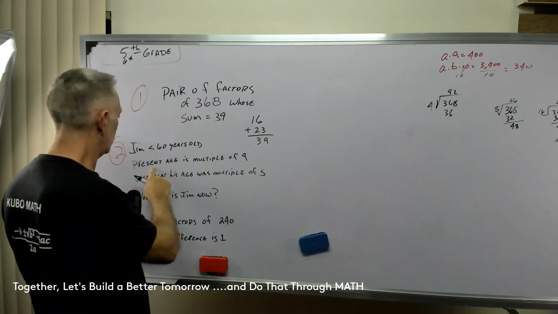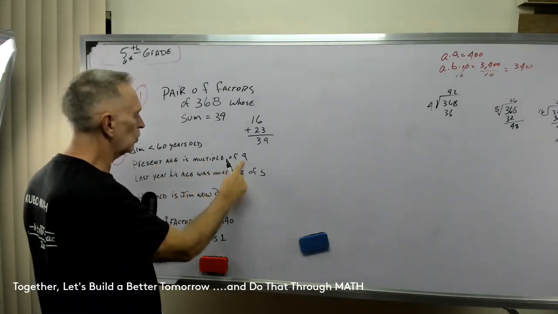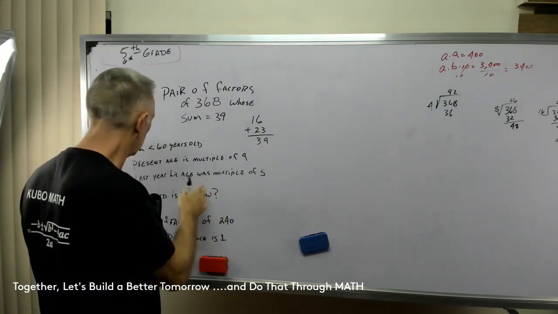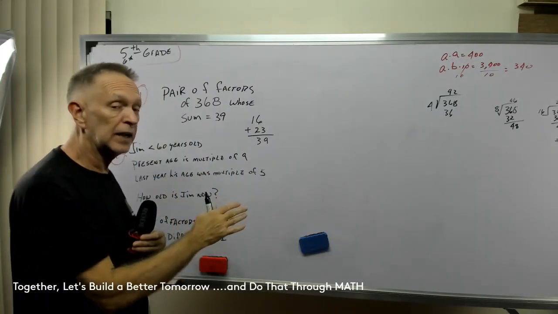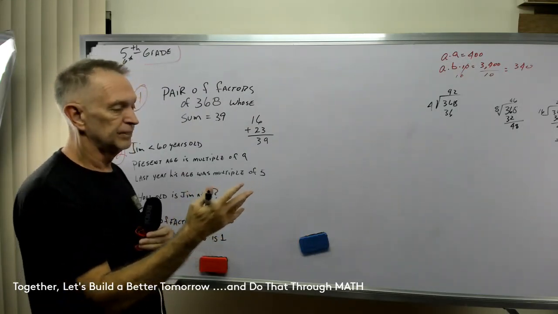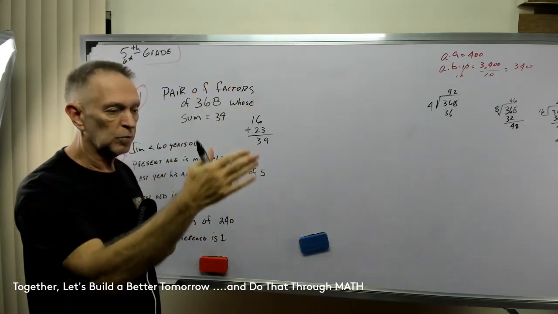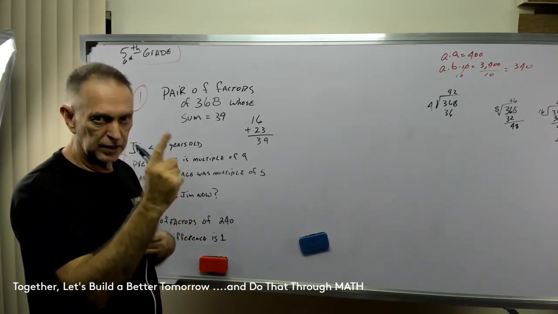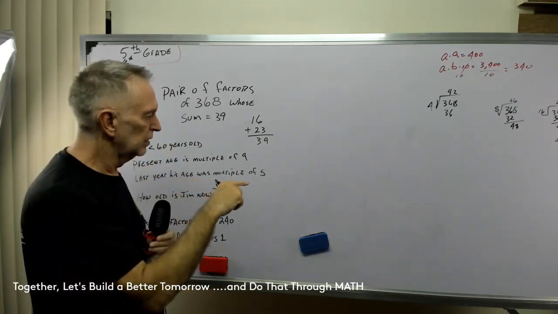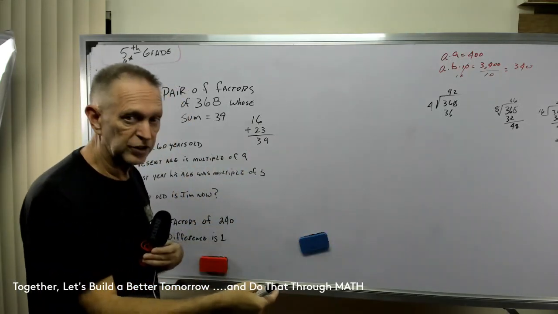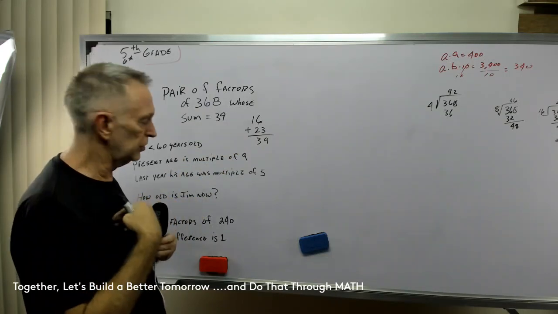Now, his present age is a multiple of 9, so that means this year. Last year, his age was a multiple of 5. That means whatever the multiple of 5 was, it's within 1 digit of this year, because he was 1 year younger last year, 1 year older this year.